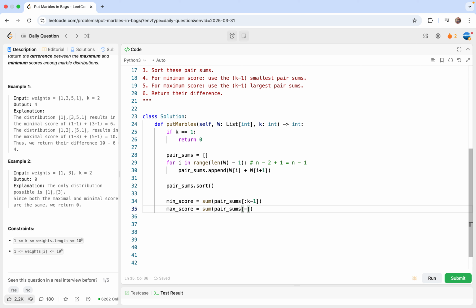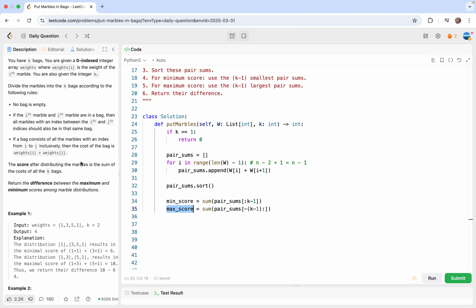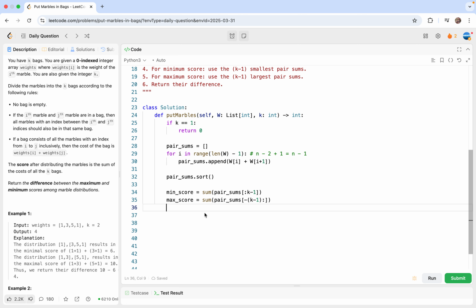Notice that this min score and the maximum score are not exactly the card cost or card score in this definition, but their difference will be the same because they are just missing two endpoints, right?